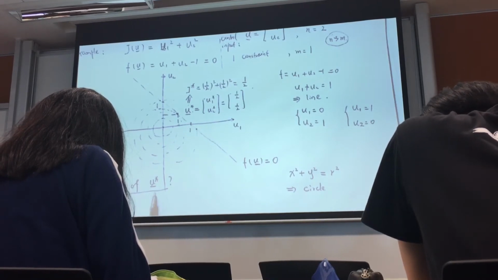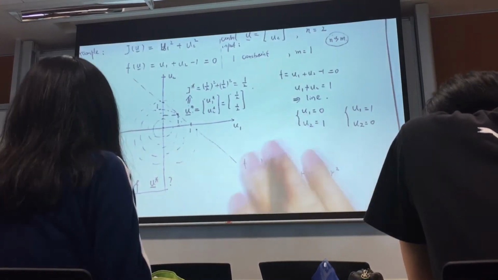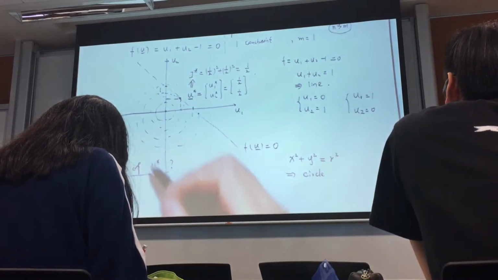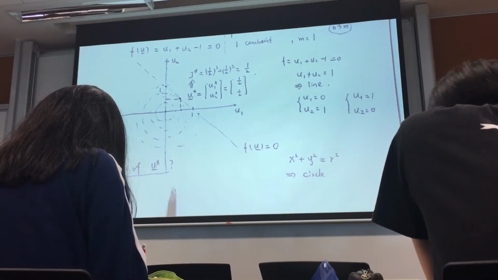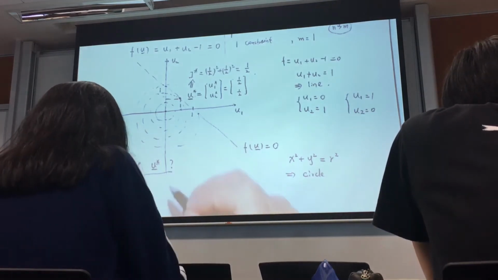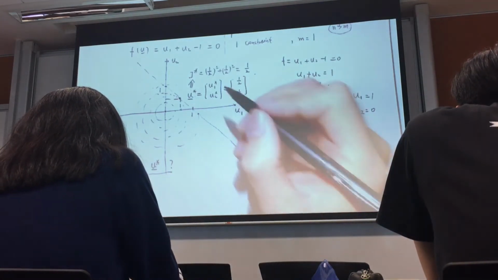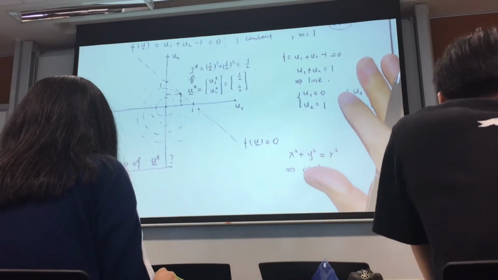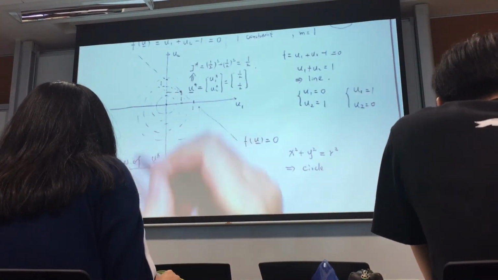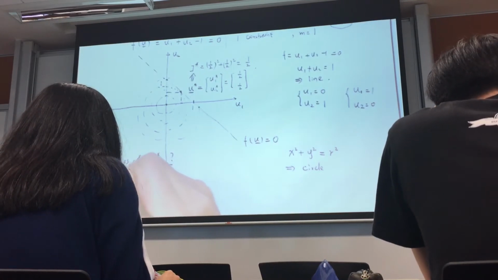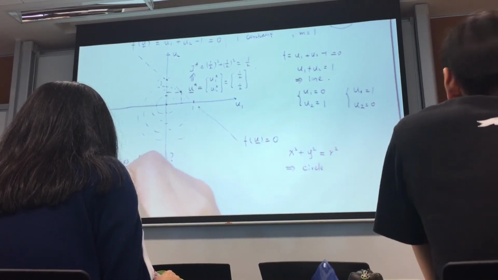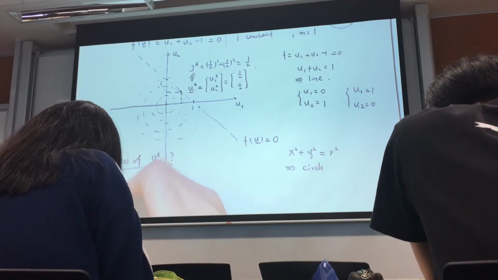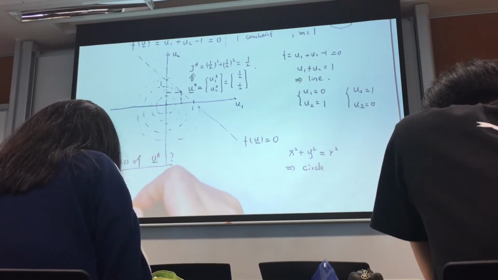The properties will eventually lead to the solutions. So let's check the first derivative, dJ/du at u equal to u star.